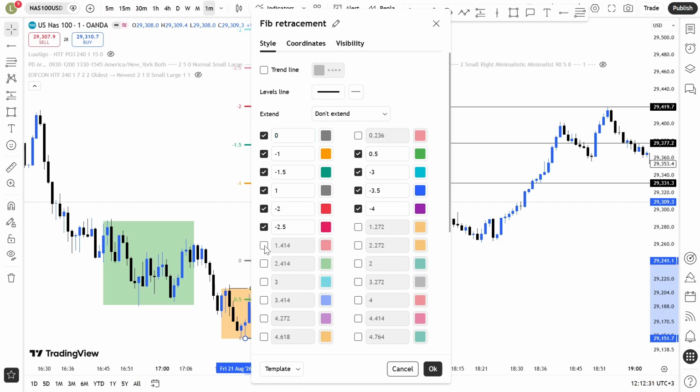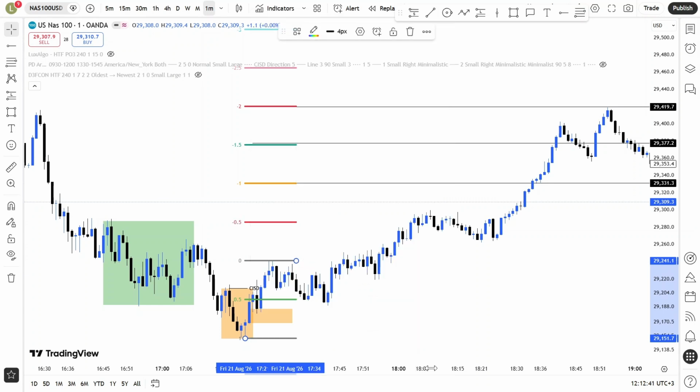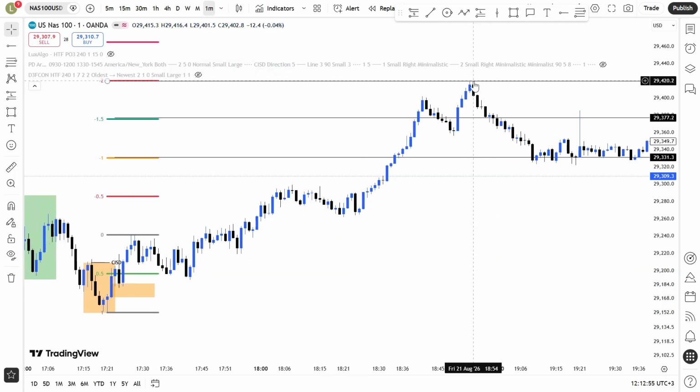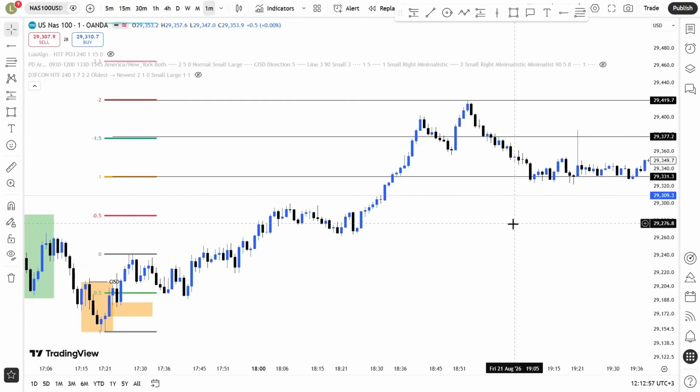I'm going to make it -0.5. You see how it matches with this high? And price reacts at -0.5. -1 is here. Okay. -2 matches again with this high here. And what happens? Price reacts from -2, drops down.